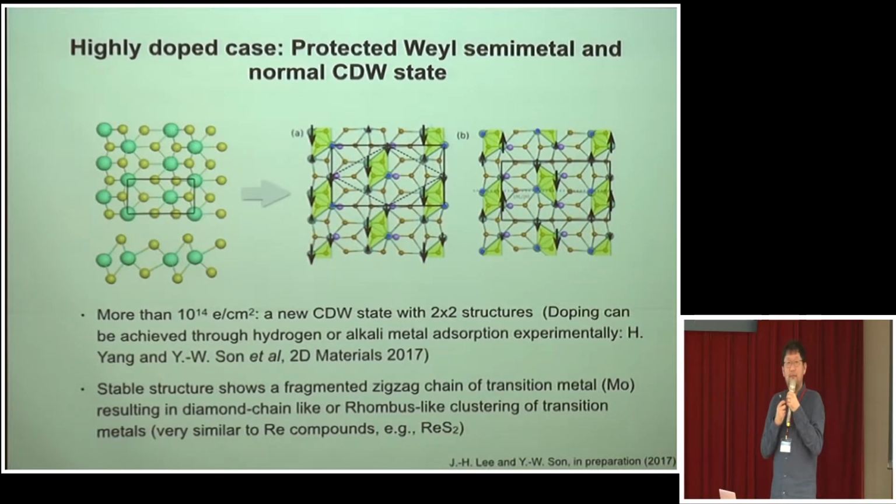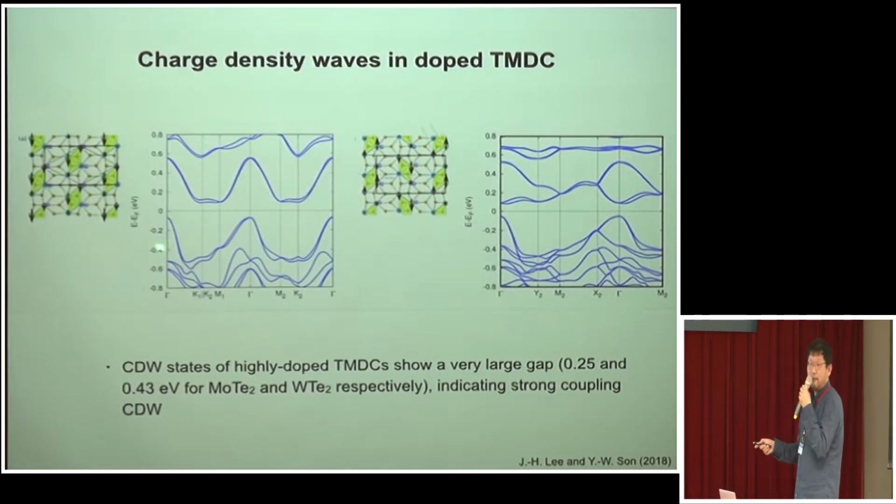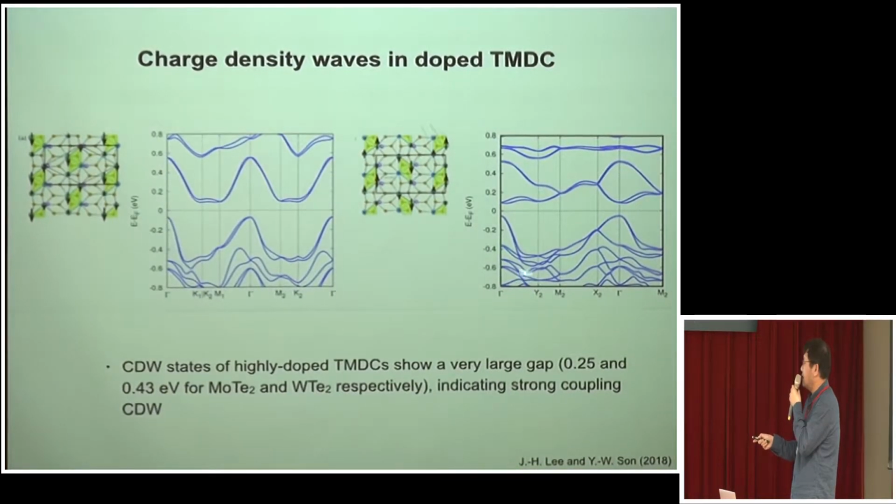For rhenium disulfide or this kind of CDW, there are many competing CDW orders. Because one unit is this, you can arrange the diamond this way or that way. So this one has non-symmorphic crystal symmetry, and this one has a trivial crystal symmetry. For this CDW it's a fully gapped commensurate CDW, but in some cases you have this kind of entangled band structure along the Brillouin zone corner or boundary.